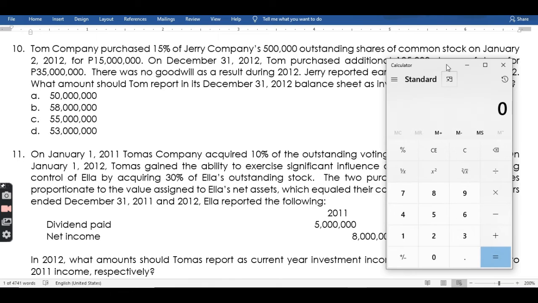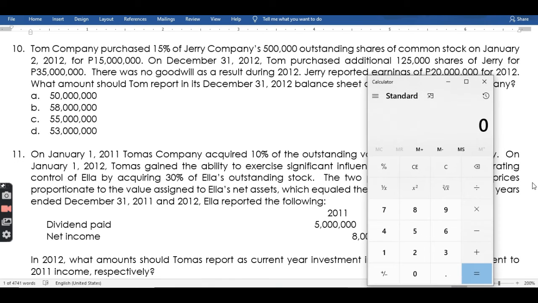Labas lang yung calcu. 15% muna, so that's going to be, kung 500,000 yon, multiply natin ng 15%, so meron kang hawak na 75,000 shares. Okay? 75 yon, tapos bumili ka pa ng additional na 125. So 75 plus 125, so magiging 200,000 na yung hawak mo.